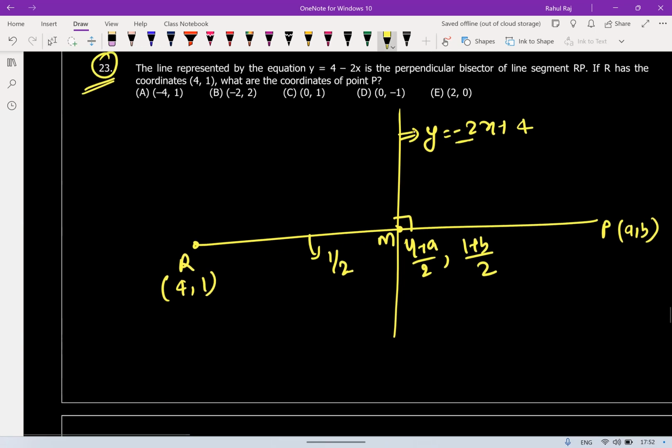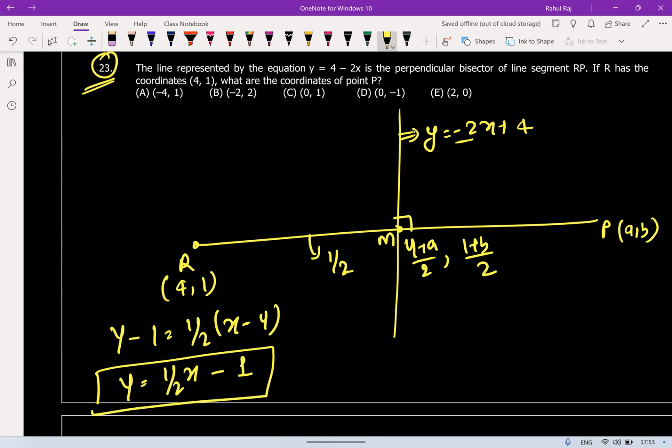Now what is the equation of RP? y minus y1, that is 1, is equal to m, that is half, times x minus 4, that is y is equal to half x minus 2 plus 1, this will be minus 1. That's it. This is the equation of RP, and the perpendicular bisector equation is given.